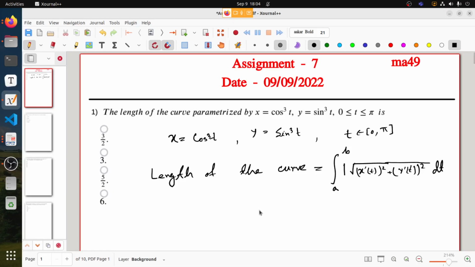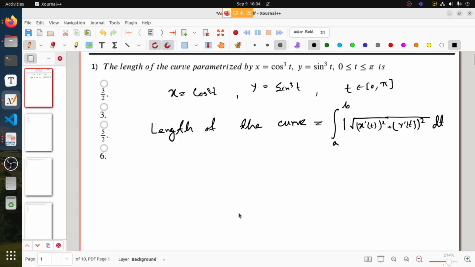This is the formula for the length of the curve. Here x and y are functions of t, so we just put them in and compute the integral.